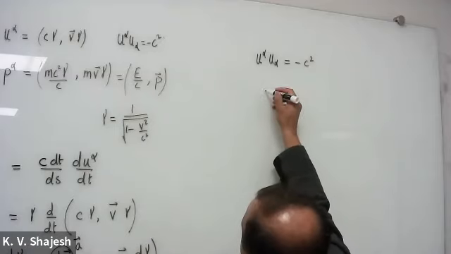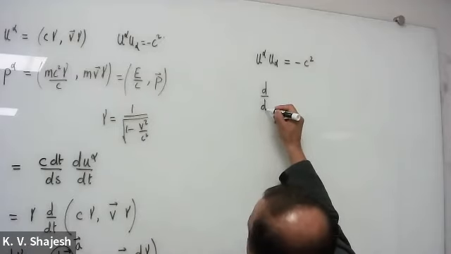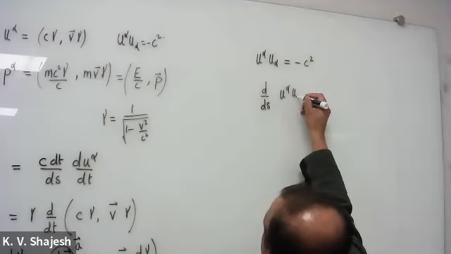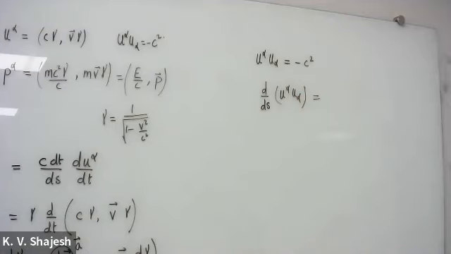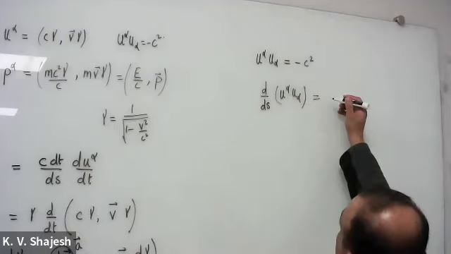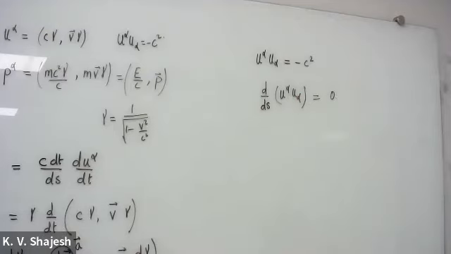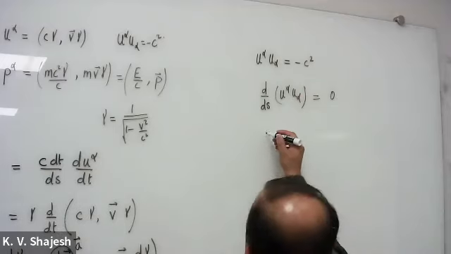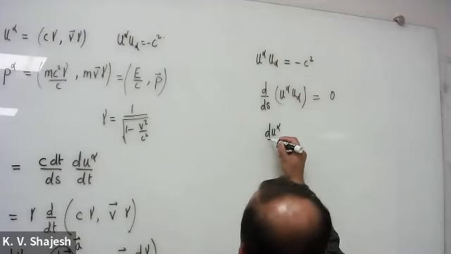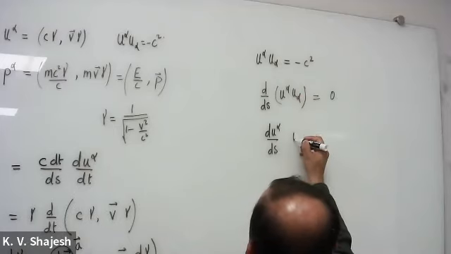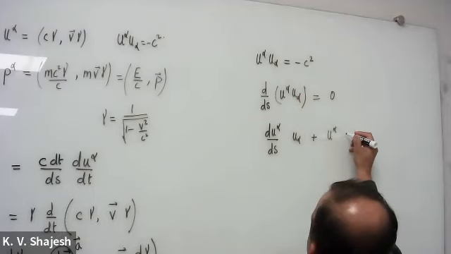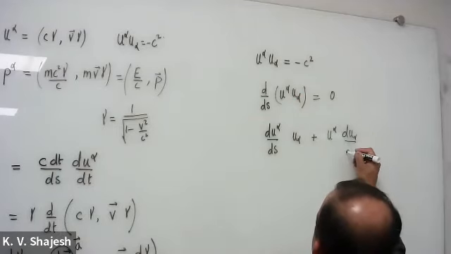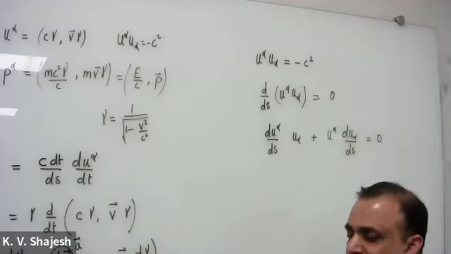Let me take a derivative with respect to ds on both sides. The right hand side is 0, right? Because c, the invariant quantity, is a constant. So that's 0. So this means that du alpha over ds times u alpha plus u alpha times du alpha over ds is equal to 0.